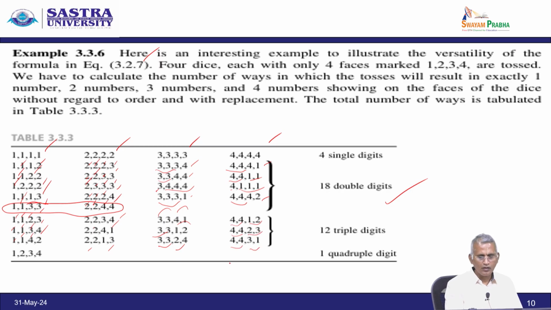So, here 3 into 4, 12 triple digits will come, and all are different is 1, 2, 3, 4, therefore, 1 quadruple digit. So, quadruple means 4 different digits.